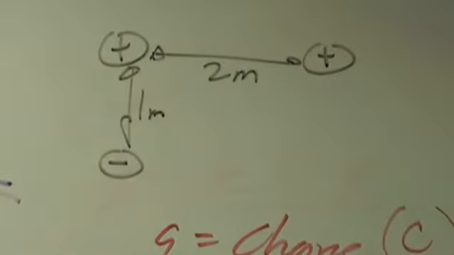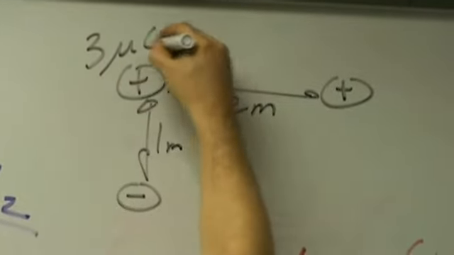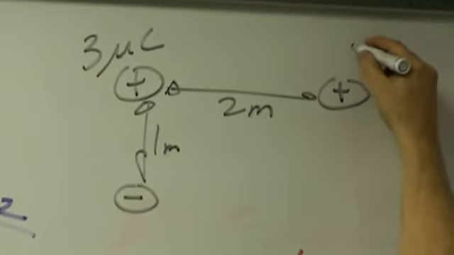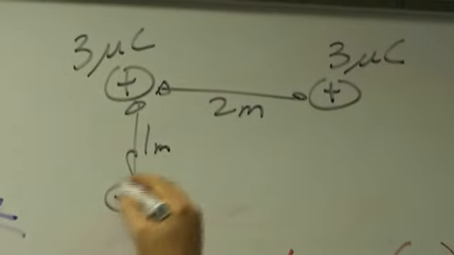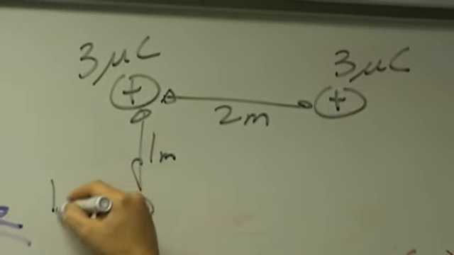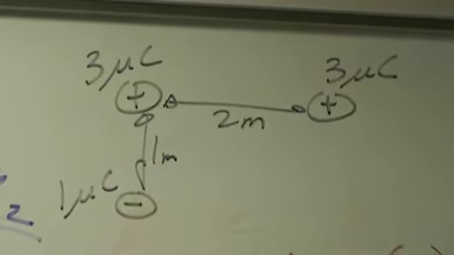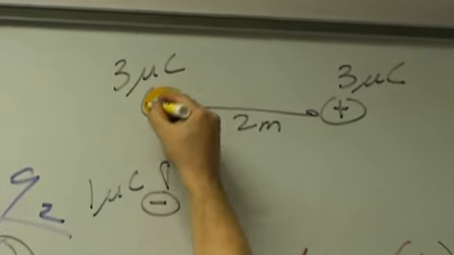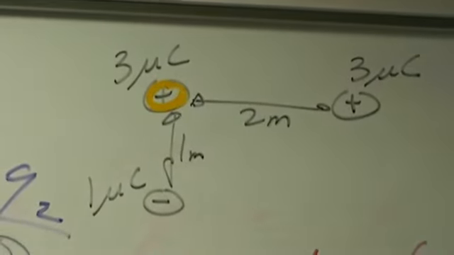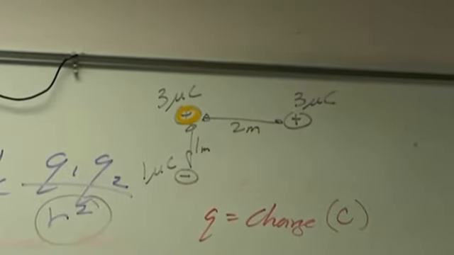Write this down because I'm going to collect this, on a separate sheet of paper. 3 microcoulombs, 3 microcoulombs, 1 microcoulomb. There you go. I want to know the net force on this one, the yellow one. I want to know the magnitude and the direction of the force on the yellow charge.